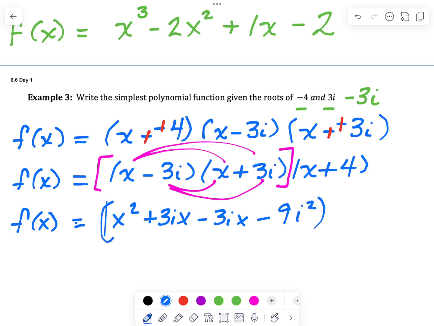So there's the foiling, and then we have x plus 4 on the end. Now again, we have a pair of like terms. The 3ix and the negative 3ix will cancel out.